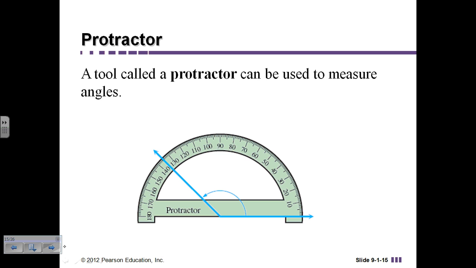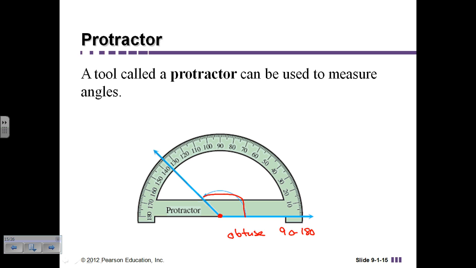So a tool that we use to measure angles is something called a protractor. And the way that a protractor works is there's usually a hole or a dot here in the center, and you'll line that dot up with the angle. For example, we're looking at this blue angle here, and we're trying to measure it. Well, we know that this angle is obtuse. So obtuse means it has to be between 90 and 180.